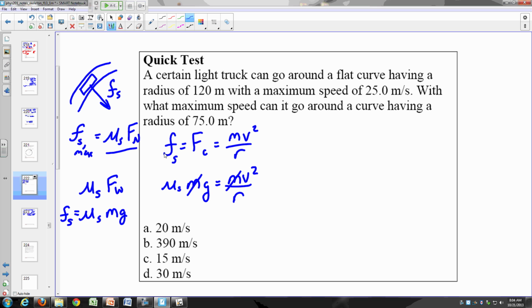What implications does that mean for a vehicle going around a curve, for setting your speed limit? It's not dependent on mass. So it doesn't matter if you have a little Honda Civic or a great big Ford F-350, the same speed limit is going to apply.